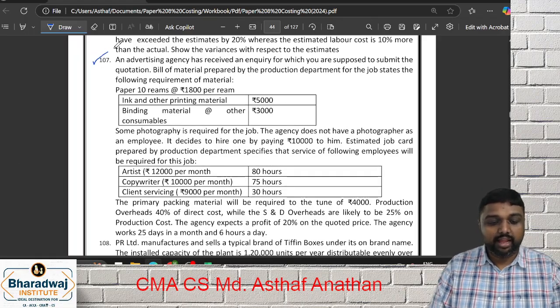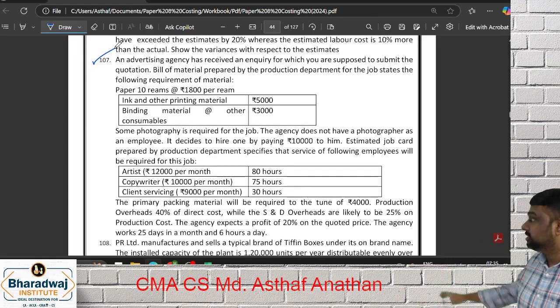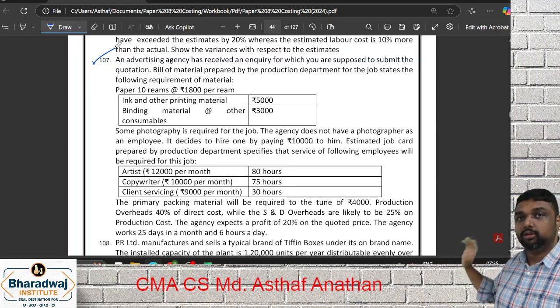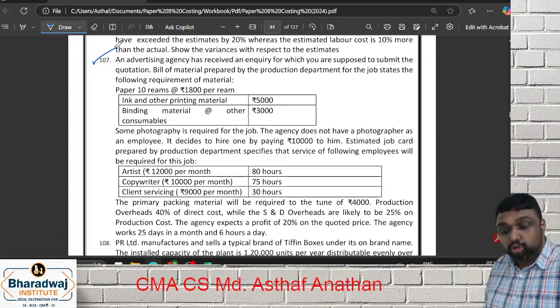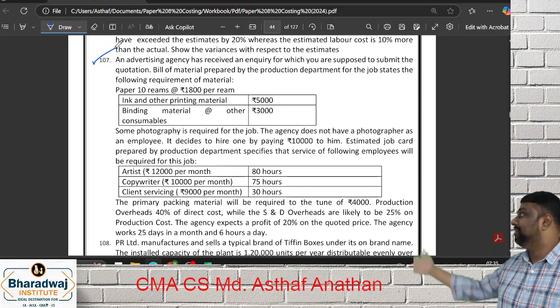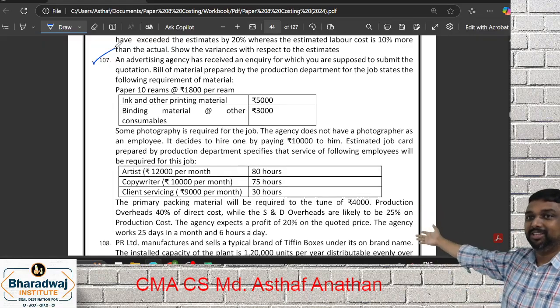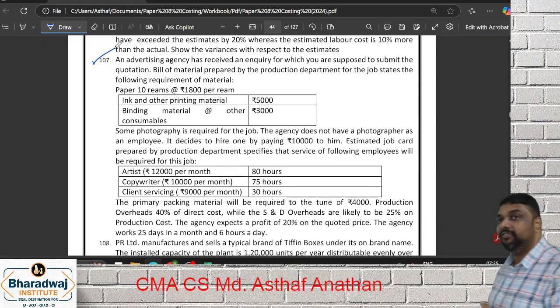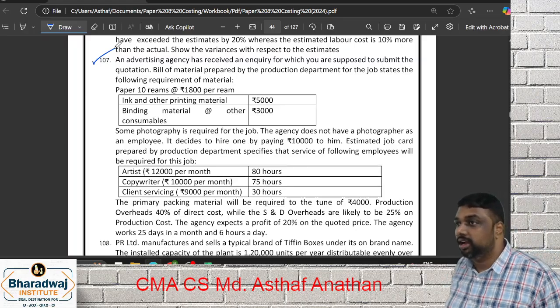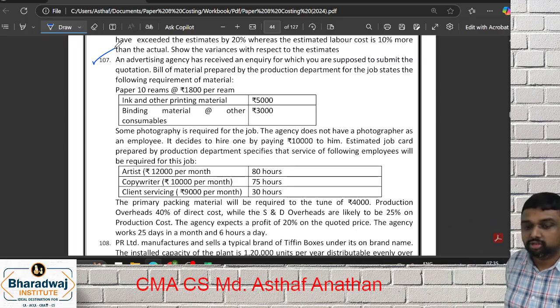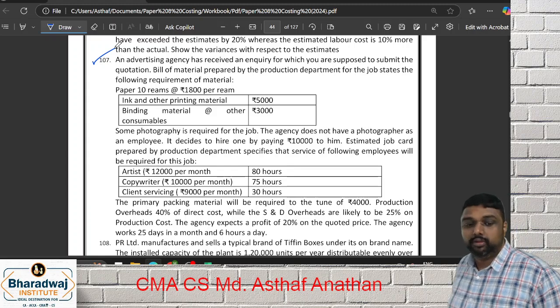The reason I have taken 107 is two things. First, this is a consolidated essay model question. Second, this is the December 2024 MTP question. You can go through your MTP and find this question. Are you ready, friends?